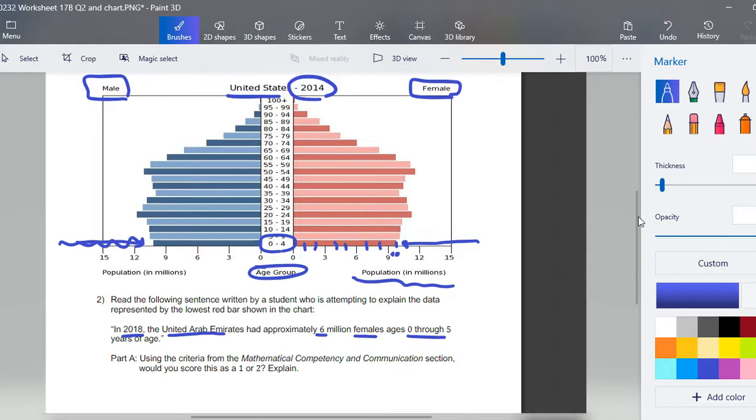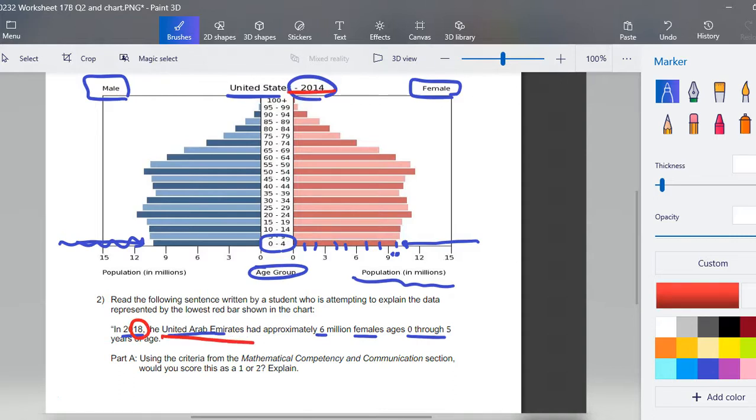Okay, so part A, using the criteria for the mathematical competency and communication section, would you score this as a 1 or 2? 1 is incorrect evidence and conclusions, and 2 is some incorrect evidence or conclusions. Well, it's not 2018, it's 2014.